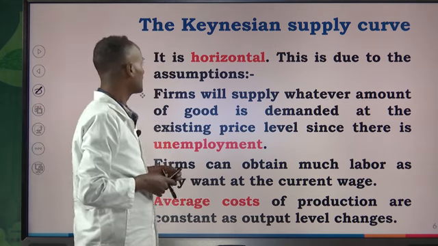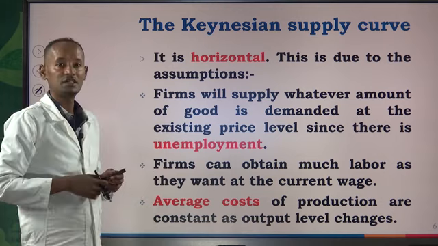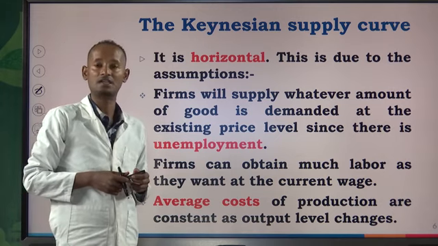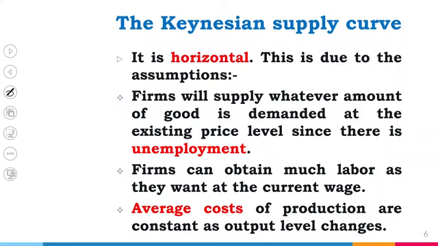Let's start with the Keynesian aggregate supply curve, which is a horizontal straight line. The Keynesian aggregate supply curve is horizontal, and it indicates that firms will supply whatever amount of goods is demanded at the existing price level, since there is unemployment.